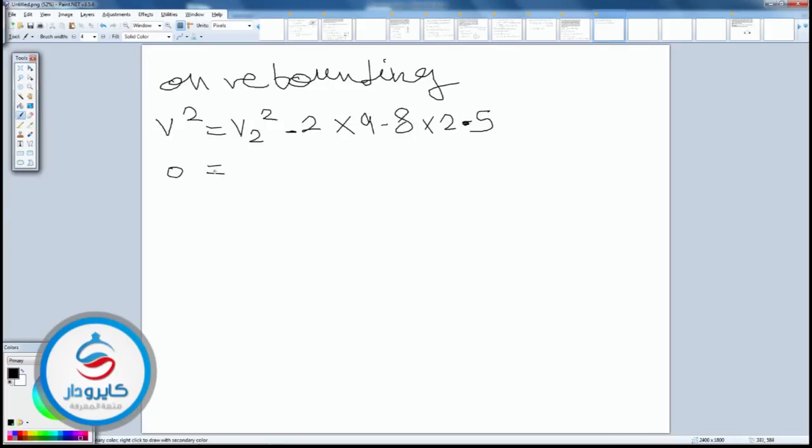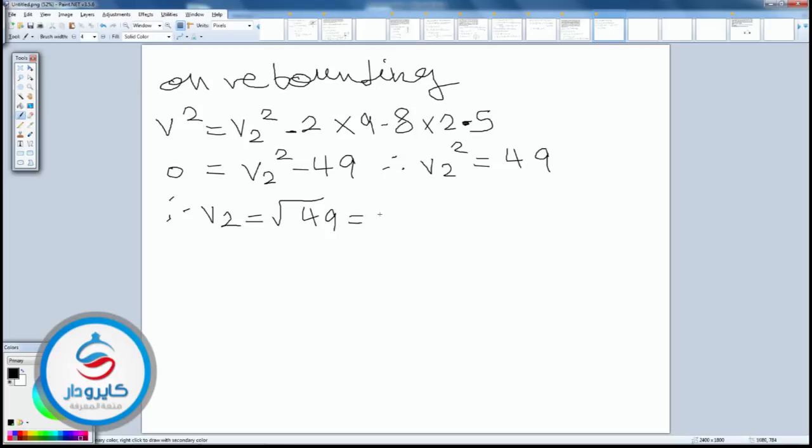Zero equals V2 squared minus 49. Therefore, V2 squared equals 49. Therefore, V2 equals square root of 49 equals 7 meter per second.